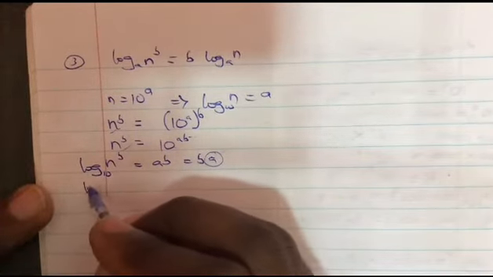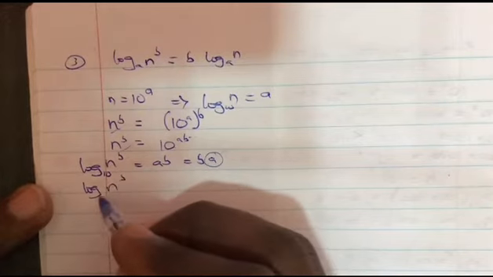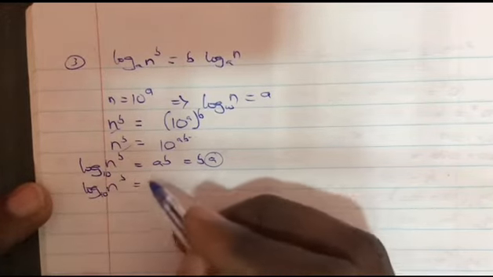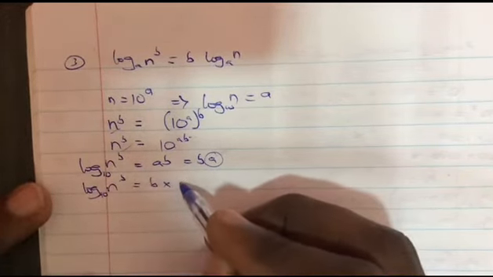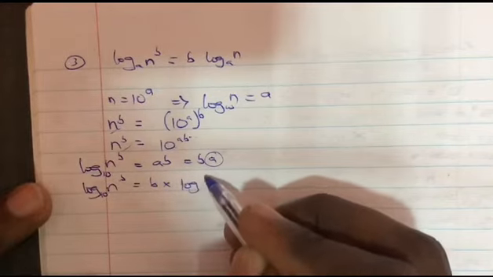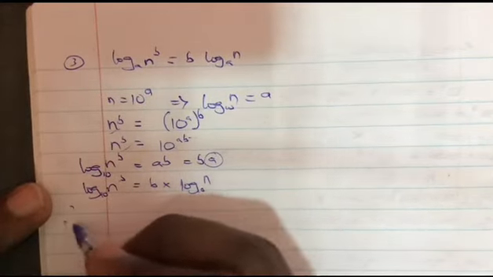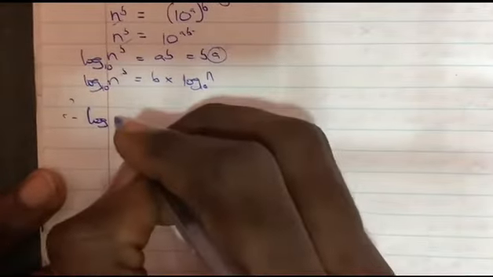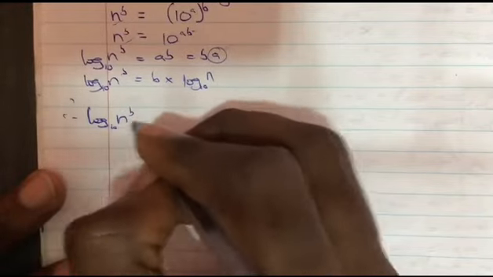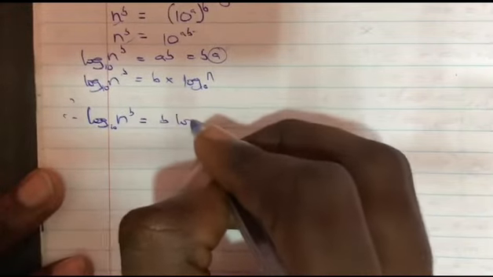So therefore log n exponent b to the base 10 will be equal to b times log of n to the base 10. So therefore log of n exponent b to the base 10 is equal to b log n to the base a. Yeah, so we proved it.